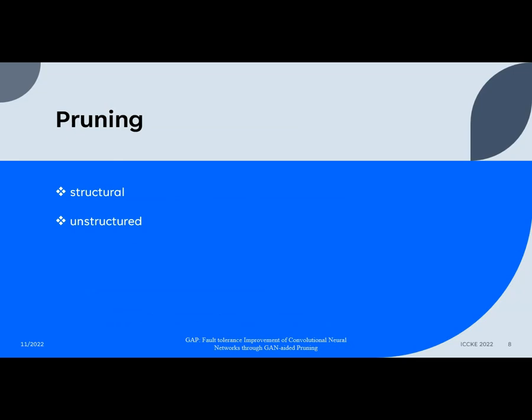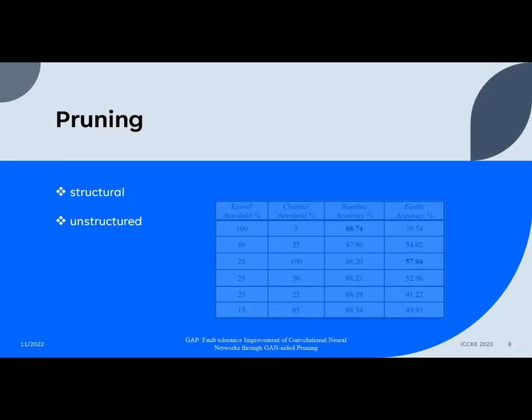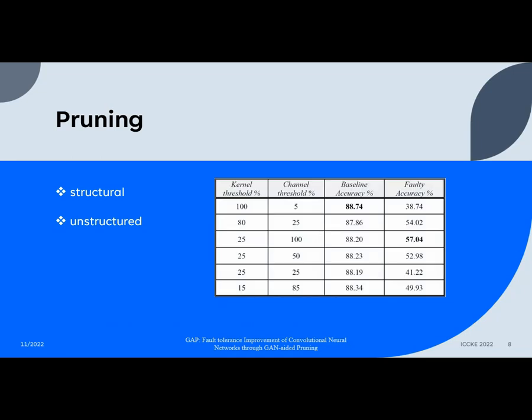The former is used to remove an entire filter or kernel, and the latter is used to eliminate specific weights of channels.